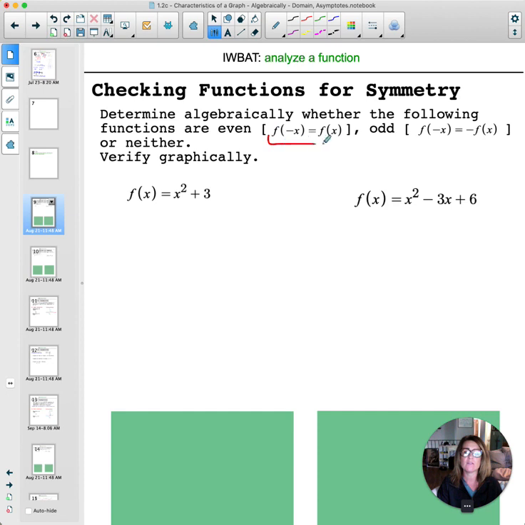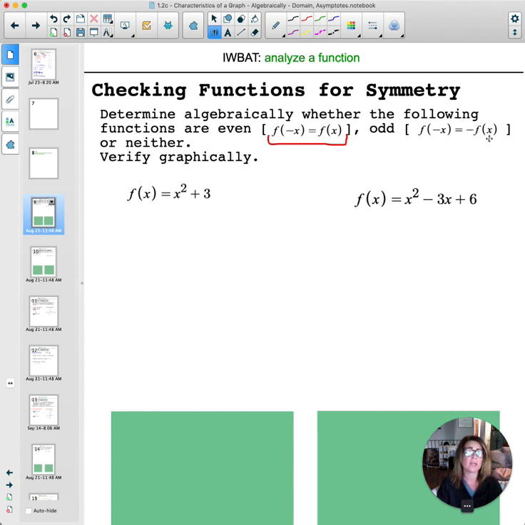So for an even function, if you plug in x and the opposite of x, meaning that could be 2 and -2, or -7 and 7, and they equal the same thing, it's even. If you plug in a number and its opposite gives you the opposite of what that number did, then it's odd.